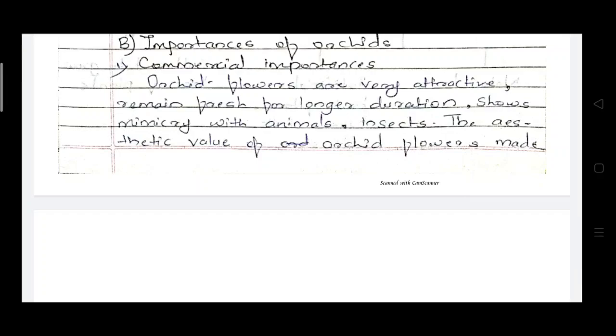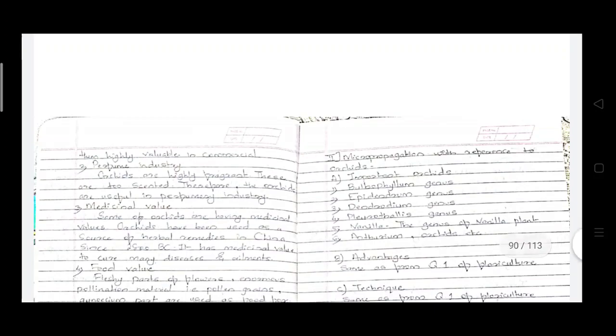So they show mimicry of animals as well as insects. The flower also has aesthetic value. That's why they are used for commercial purposes.